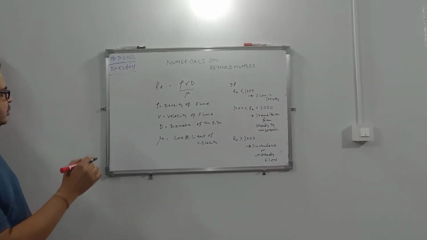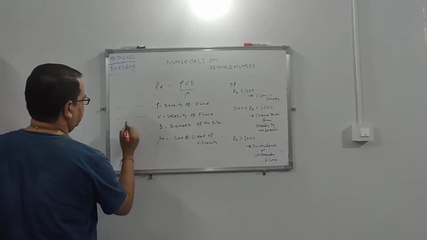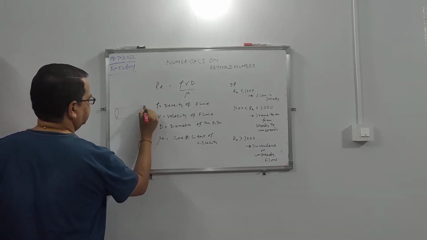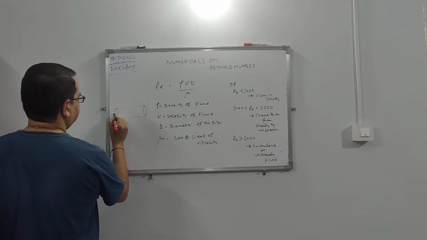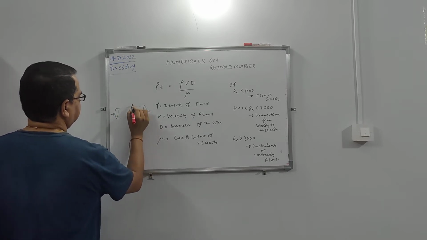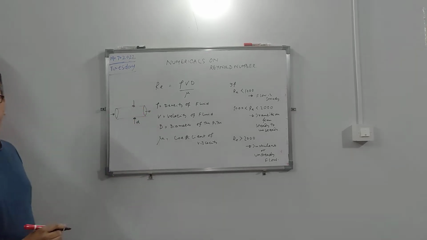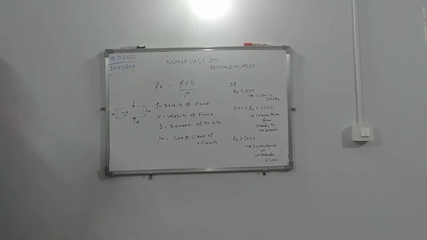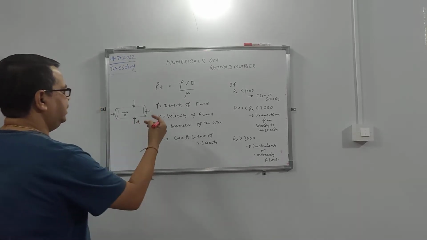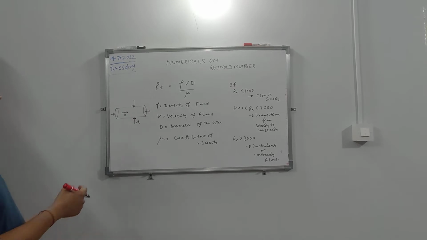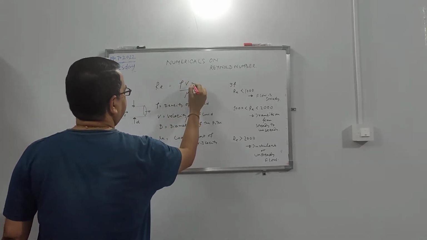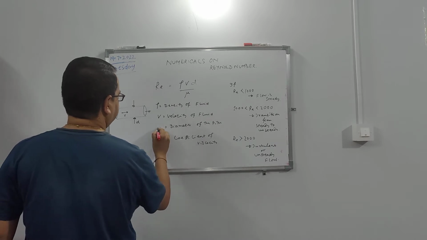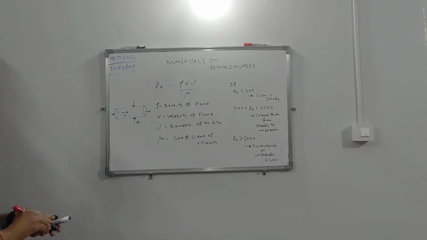Clear? So I can show my pipe like this. Let us say this is my pipe, this is the inlet and this is the outlet. Let the diameter of my pipe be D, and let the velocity at any point be V. The diameter we can write as small d or capital D, whichever you want.